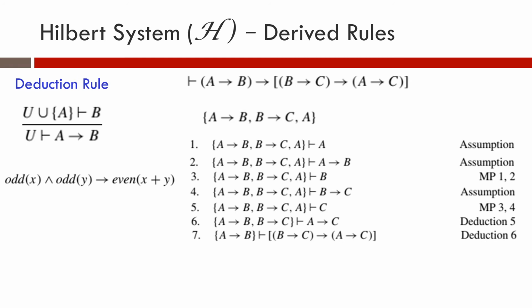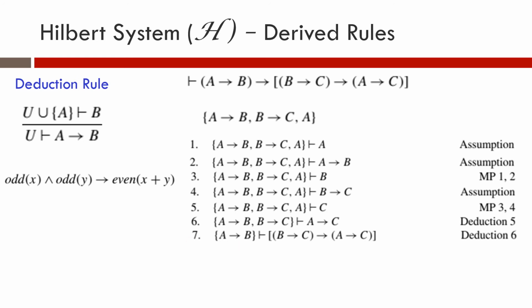And next we again take B implies C out, and we say that with the set of assumption A implies B, it is provable that B implies C implies A implies C. So we have now obtained this formula. Now on the left side of the implication we need A implies B. We have A implies B in this set of assumptions.